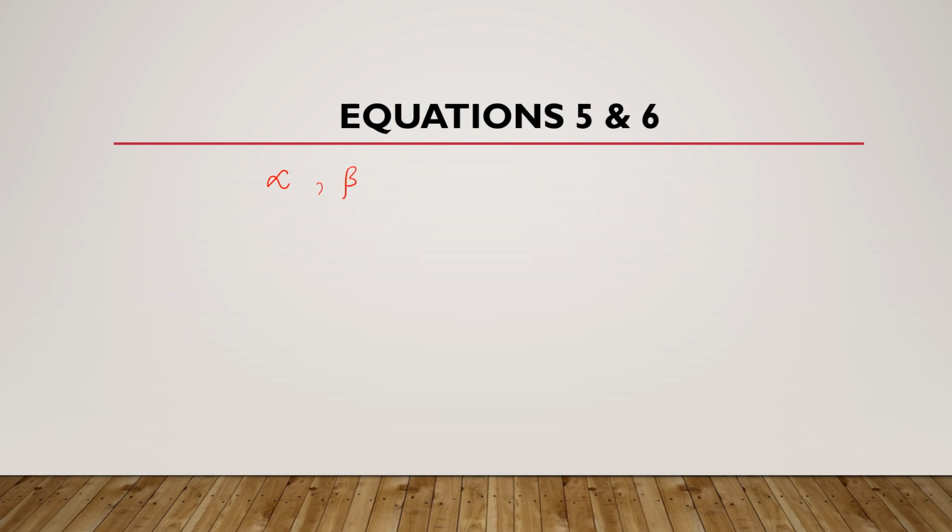Now, what is the relation between alpha and beta? This alpha is equal to beta divided by 1 plus beta. This is equation 5.